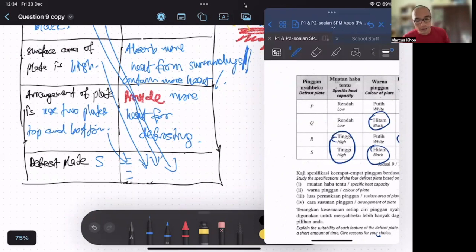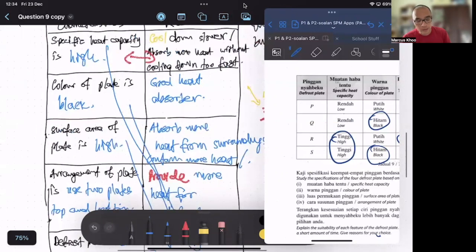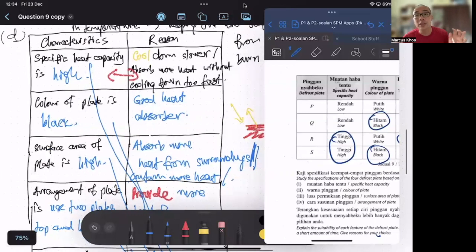Now again, I just want to mention that probably the most difficult thing to digest is the specific heat capacity lah. I think for me the main point is this lah. Yes, we want it to heat up faster, but this is defrosting, and when you're defrosting, you're losing heat. The last thing that you want is to lose heat too fast.